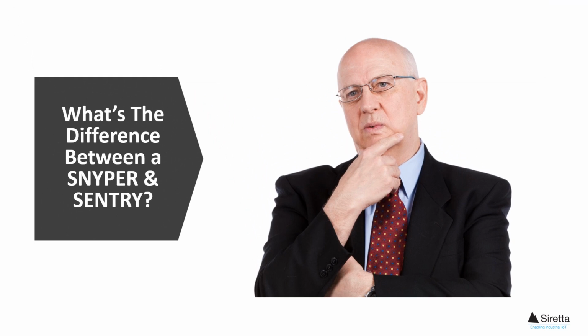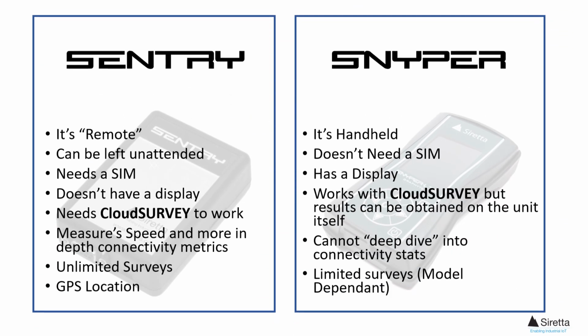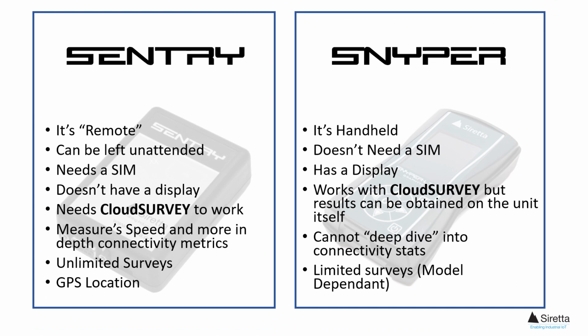So what's the difference between a Sniper and a SENTRY? The SENTRY is a remote device, which means you can control it, analyze it, use it via a PC or laptop. It can be left unattended.